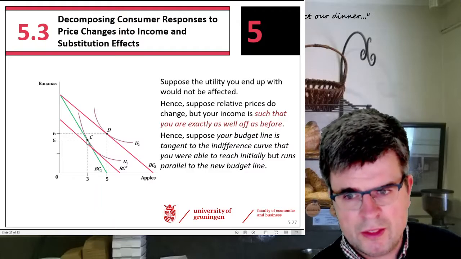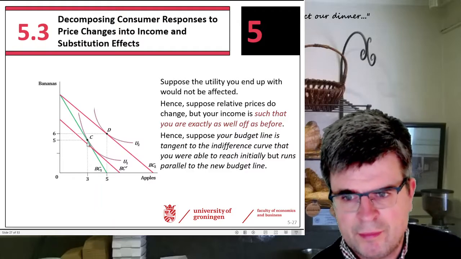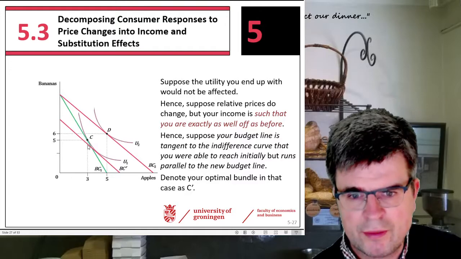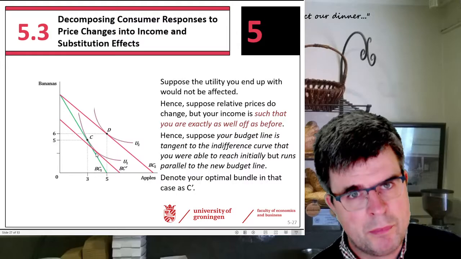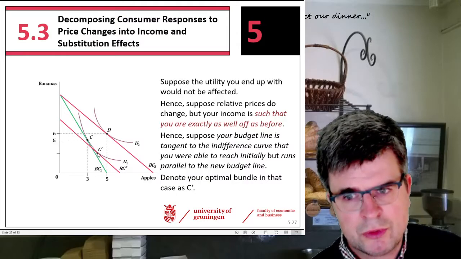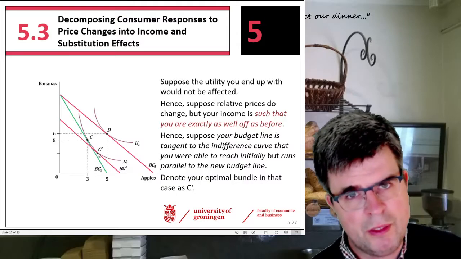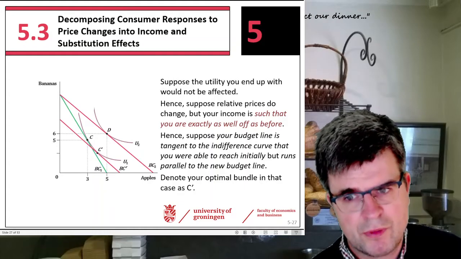So this isolates the substitution effect, and isolating that effect and working with this budget constraint BC prime allows us to consume the optimal bundle C prime.